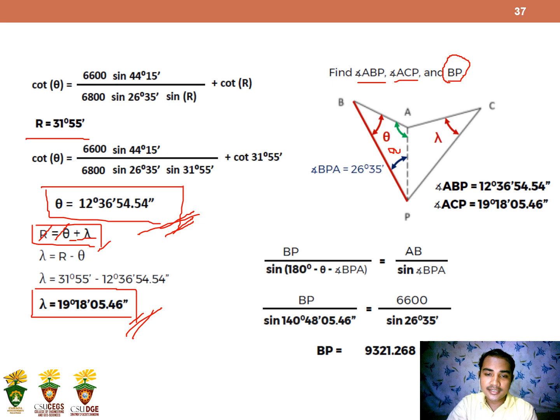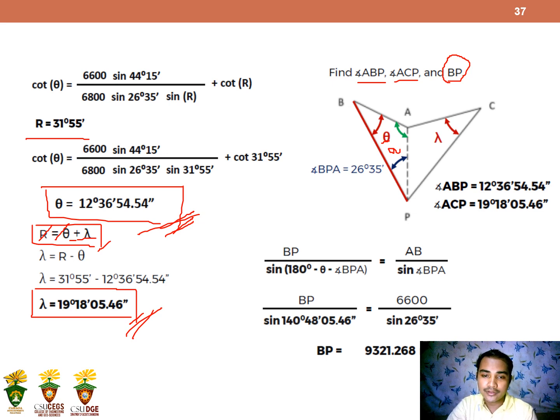That angle is equal to 180 degrees, since 180 degrees is the sum of the interior angles of a triangle. So 180 minus lambda, which is given, and also angle BPA, which is also alpha. What remains of 180 is the angle BAP, which is opposite the side we are looking for, side BP.